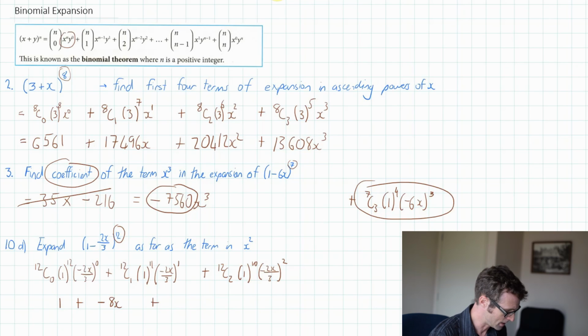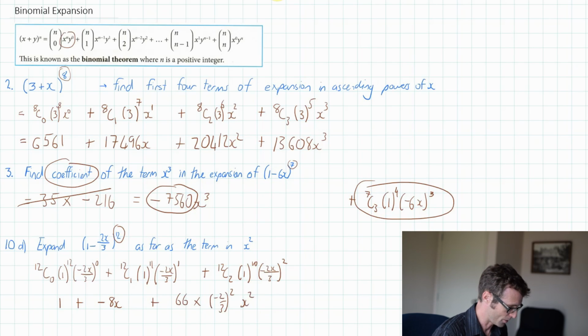12 choose 2 is 66, and we're multiplying that by 1 to the 10, which is 1. So 66 times negative 2 over 3. This last one, I'll do in steps. It should be 66 multiplied by negative 2 thirds squared x squared.